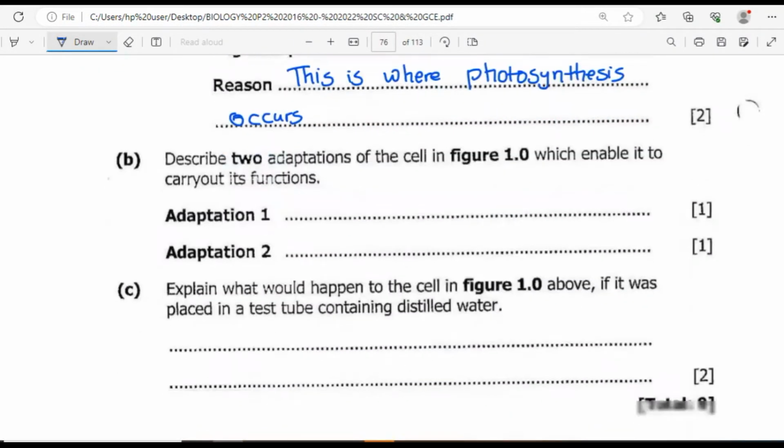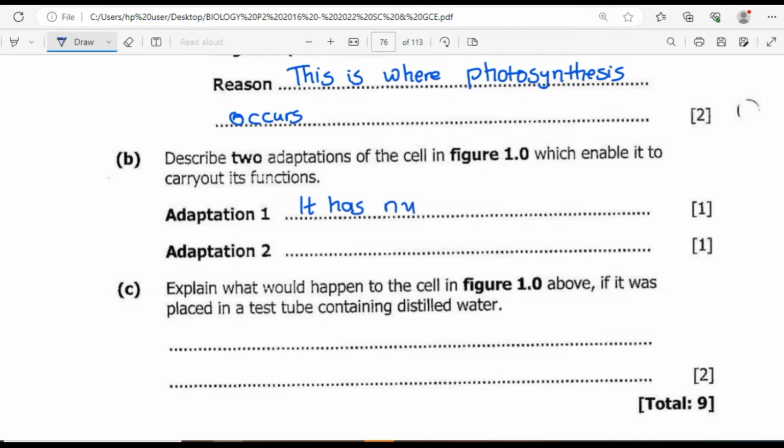Now, if you look at the adaptation, we are looking at the characteristics or some of the features that were put in place to make sure that it does this process. So the first one, from the structure, we saw that it has numerous chloroplasts. So because of this, the rate of photosynthesis is high.